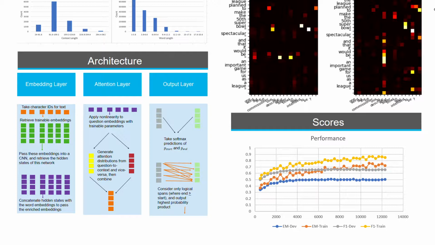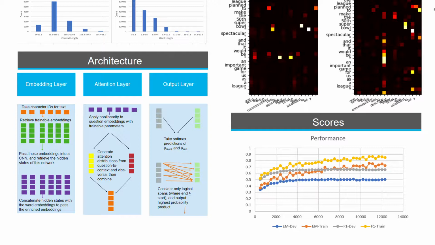And so this was my smallest modification, to the output layer of the baseline, which previously had just been taking the probability distribution over the entire context and finding the highest probability start and the highest probability end and returning those. I modified it to optimize for the highest combined probability of start at index i times probability of end at index j, right?